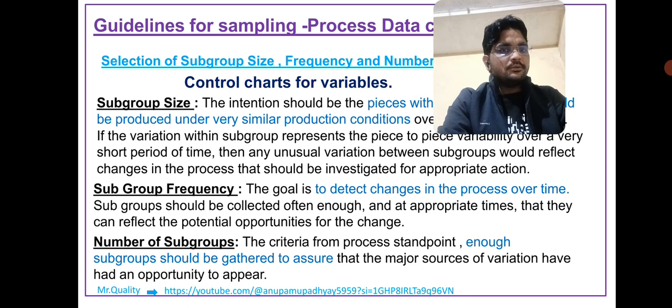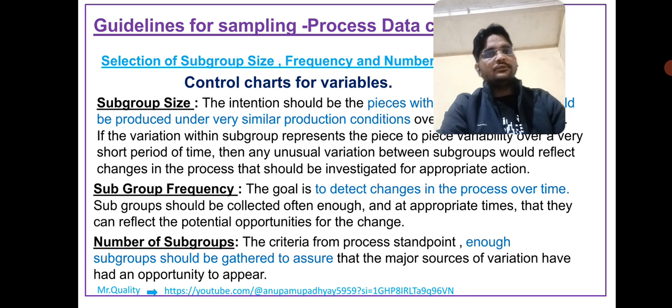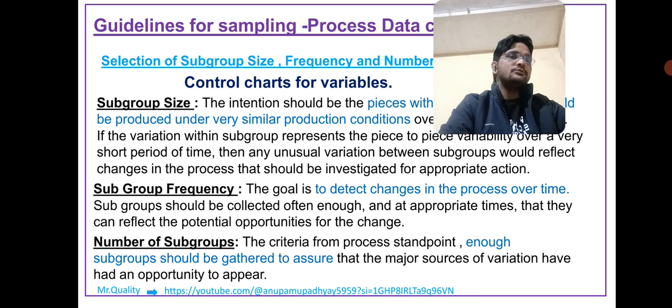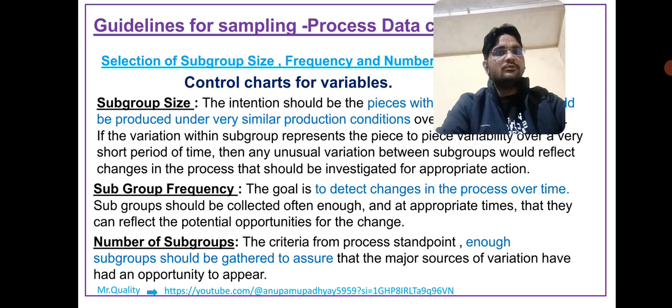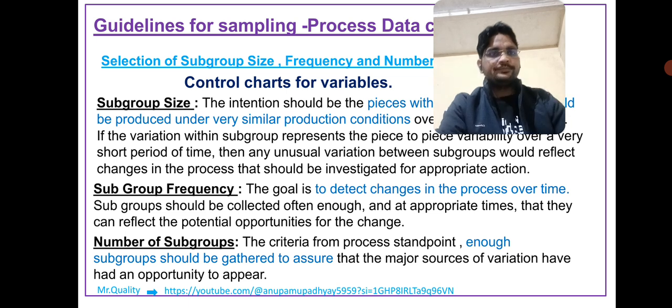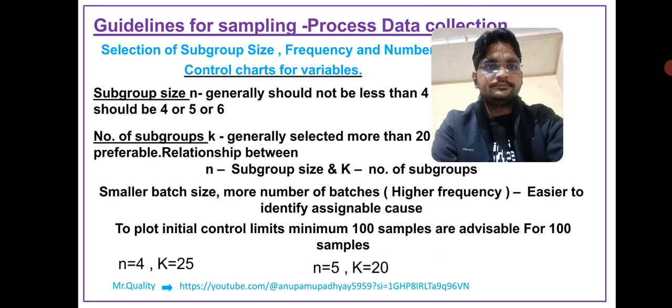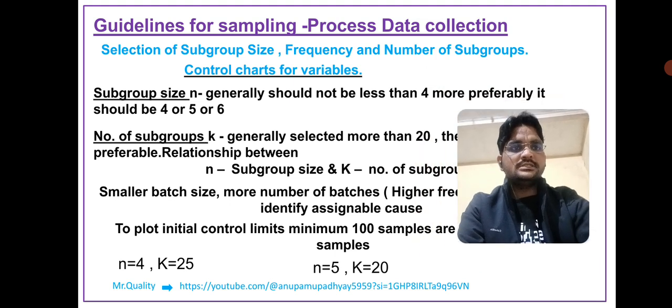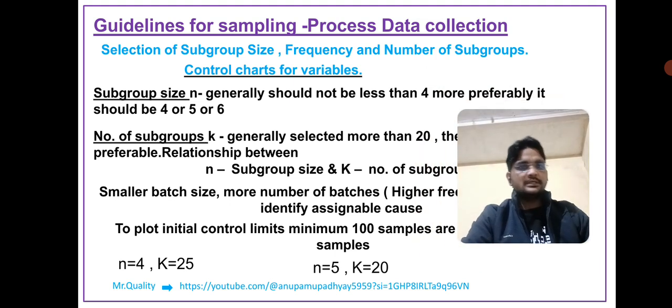On number of subgroups, the criterion from a process standpoint is that enough subgroups should be gathered to assure that major sources of variation have had an opportunity to appear. Means to gather major sources of variation, we should take more subgroups.